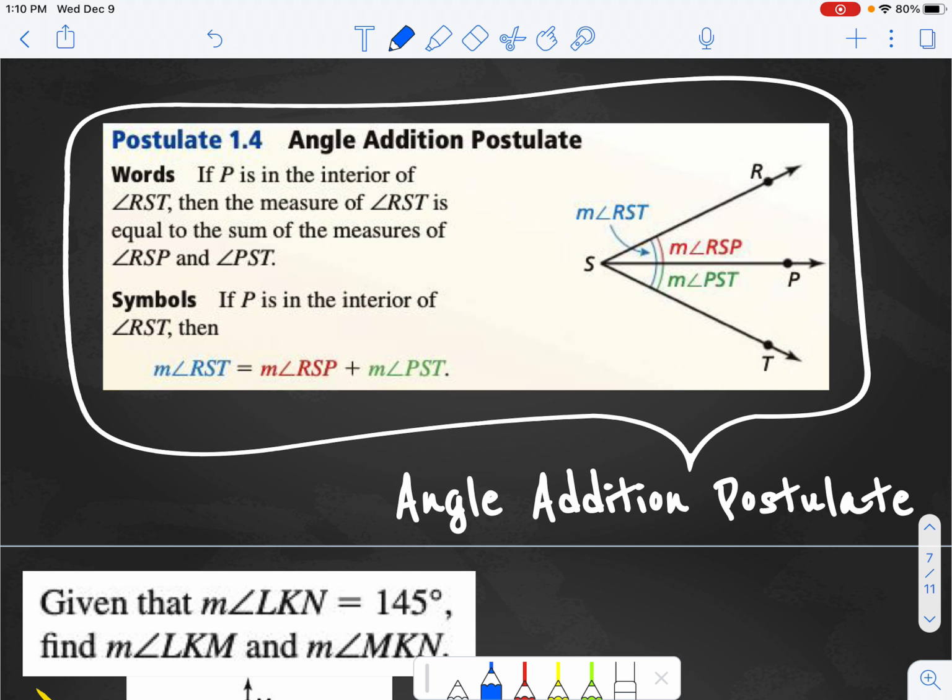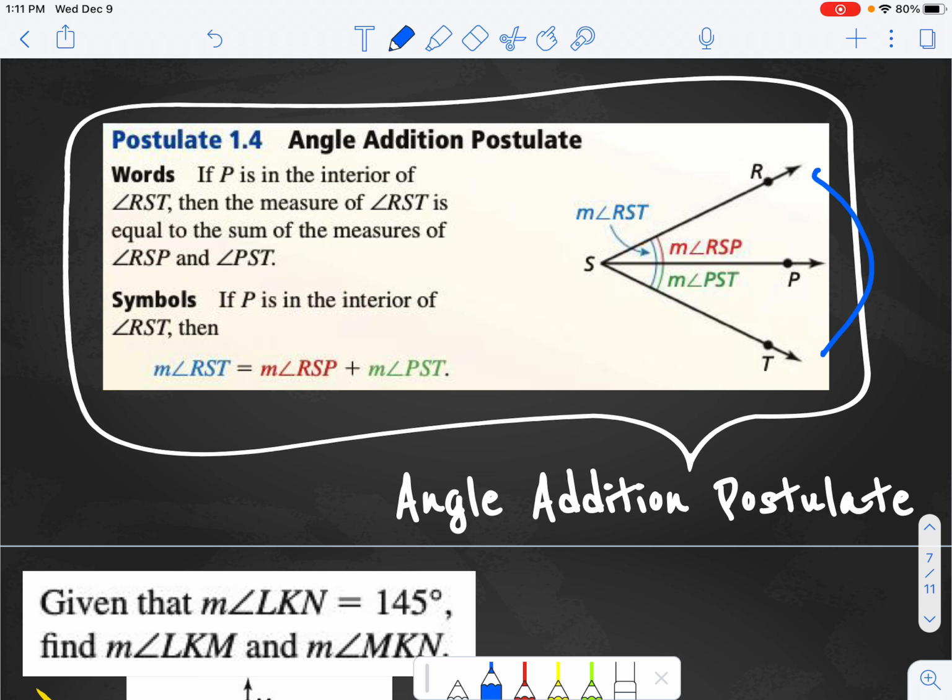The angle addition postulate, as you guessed, is very similar. It's saying that if we have this angle and we split it in half, and we can see that it's split in half because of these markers. Just like with our segment, we had the tick marks. Here we have these kind of loops. I'm not sure what the technical name for that is. But it's saying that if we know that these are the same and this is 40 degrees, then we know that this is also 40 degrees.